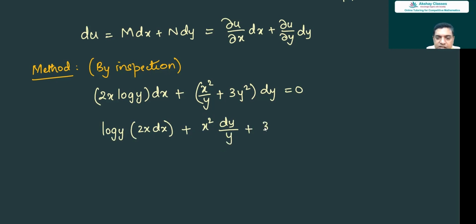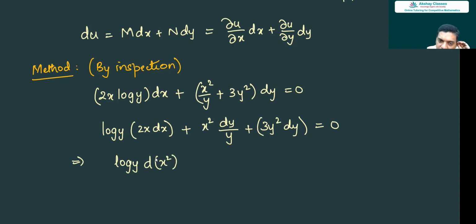And this one, 3y square dy. So I get log y times the differential of x square, since integrating 2x gives x square, so the differential of x square is 2x dx.